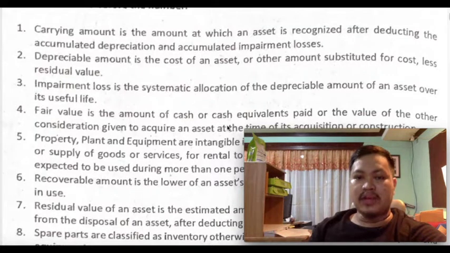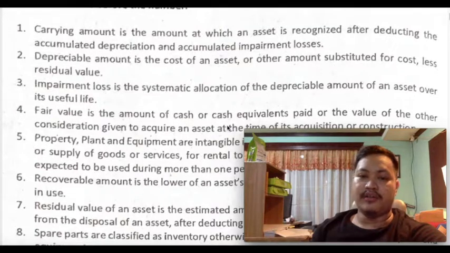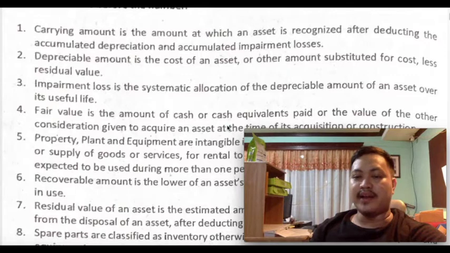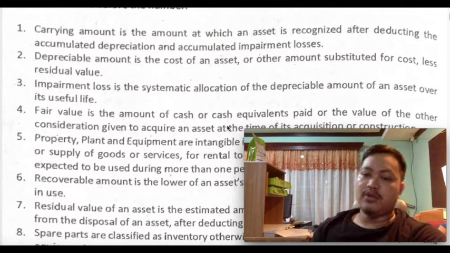But on a broad level, class, we consider assets as impaired if their recoverable amount is lower than their carrying amount. Now, as to what is the carrying amount for an asset may differ from one asset to another. As to what constitutes their recoverable amount may also differ from one asset to another. But all you have to remember, class, is that an asset will be impaired if its recoverable amount is lower than its carrying amount.